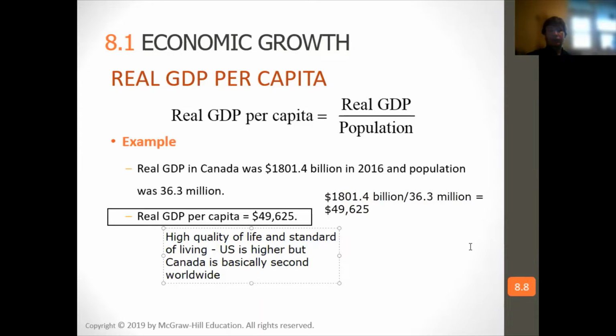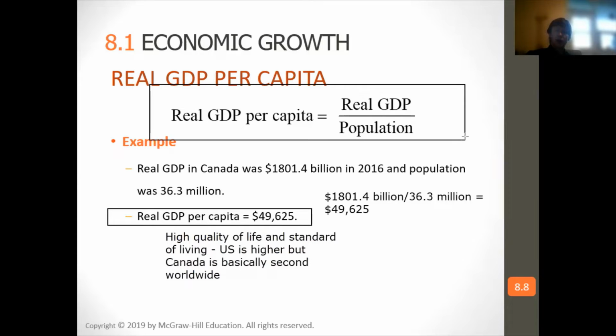So this is a good measure. Based on my economics education, this is the best measure of how the economy is doing. It's better than just GDP. Doing it per capita is very important because you're looking at the individual.